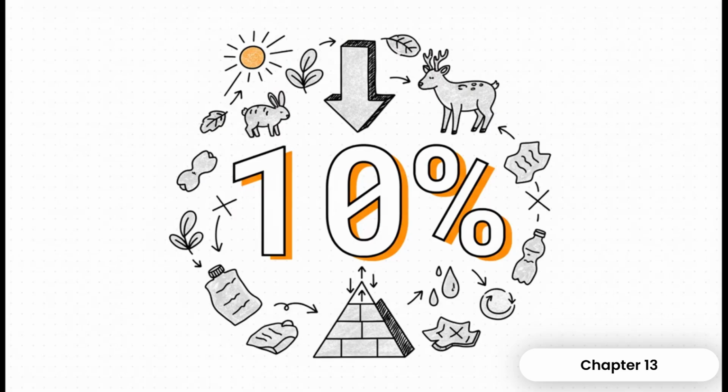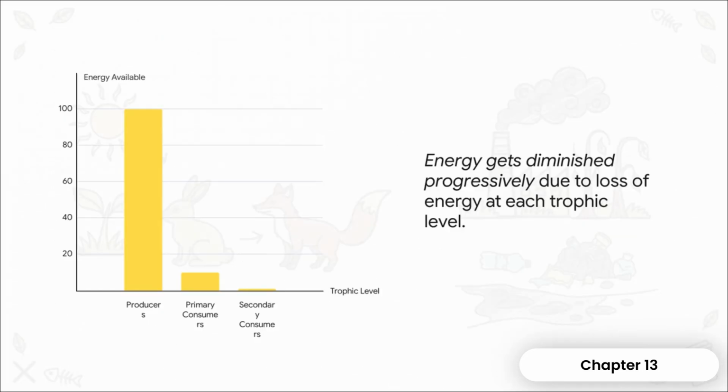But, and this is the crucial part, here's where things get wild. Not all of the energy makes it up to the next level. Get this, only about 10% of the energy from one organism is actually stored and passed on when it gets eaten. Just 10%. And this chart just lays it all out clear as day.